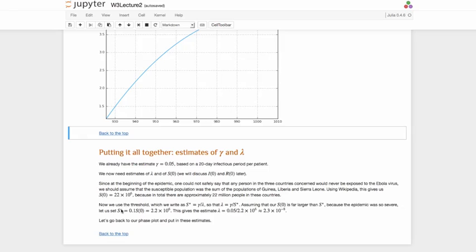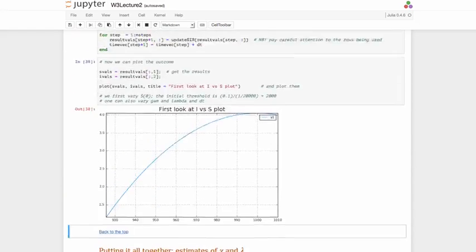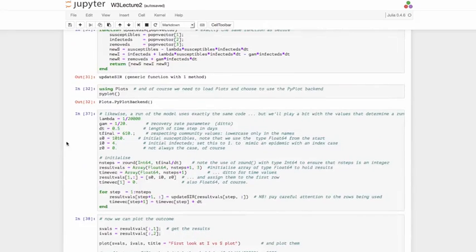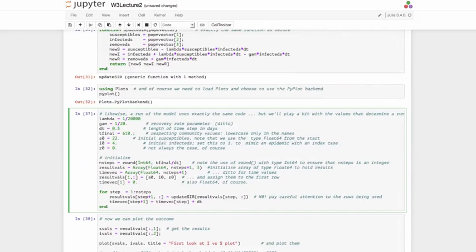So we'll just set the threshold number of susceptibles to 1/10 of the initial population, and we know that the initial population of those countries was 22 million. We say that this was our initial susceptible population because there's no reason to say that some of them could not get the disease, that some of them were completely safe. So now we have to go back and set our S0 at 22 million.